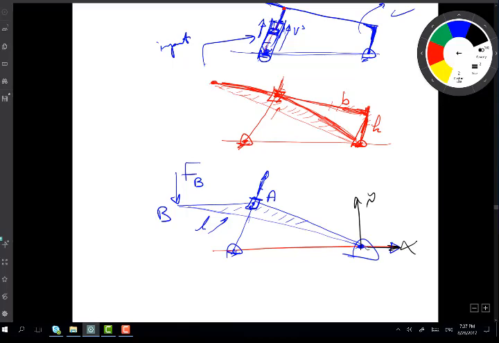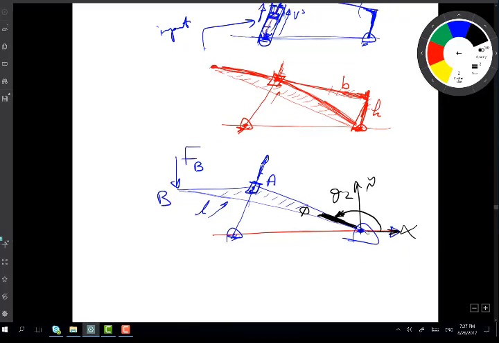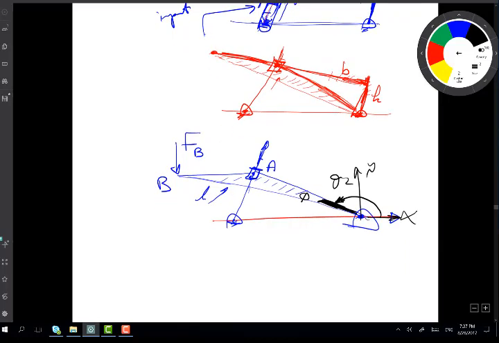This is my theta 2, and this is another constant angle, we call it phi. That's not a problem because I need it later on to find the velocity of B.